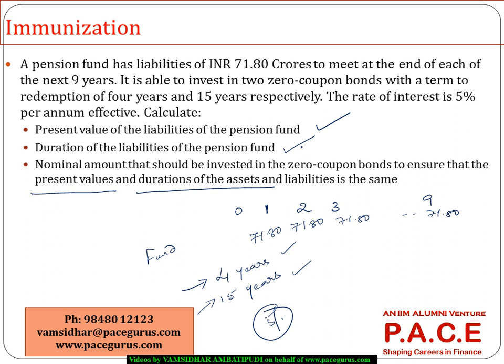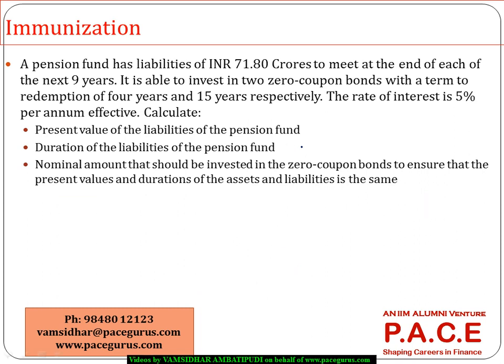So how do I find out the present value of the assets here? Straightforward. Present value of the liabilities, 71.8 crores to be met at the end of each of the 9 years. So the present value is nothing but 71.8 into A9, it's a regular annuity, and that too at the rate of 5% interest.